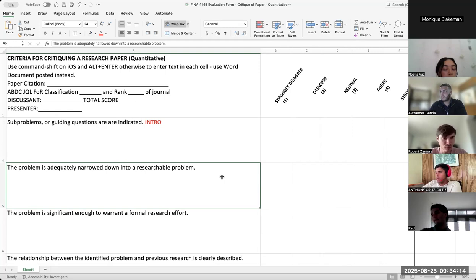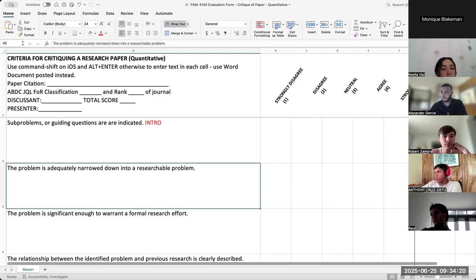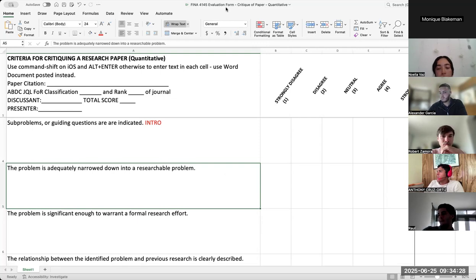The problem is adequately narrowed down into a researchable problem. Okay. It could go into the intro, but how are you going to prove it's narrow enough?